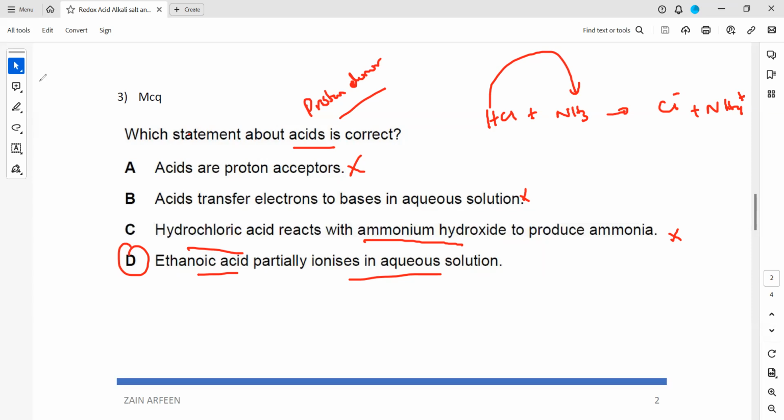For example, sodium hydroxide, I can say base, I can say alkali. So this statement is wrong because it is not transferring electrons, it is transferring protons. Is it clear?